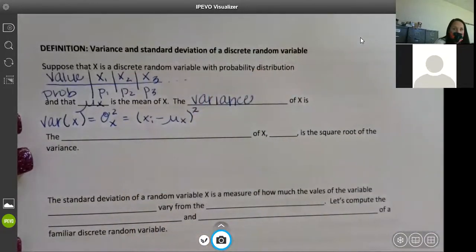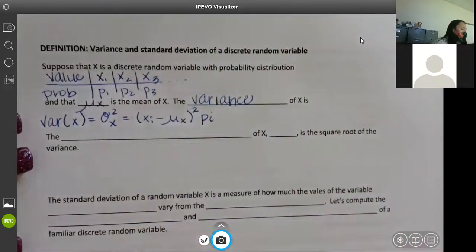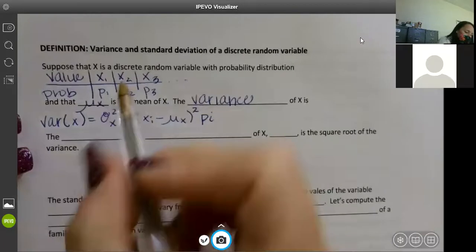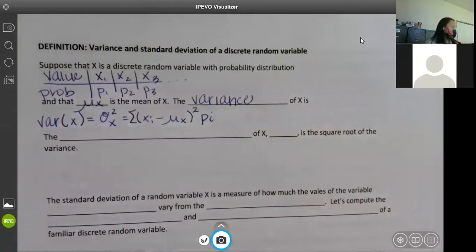That's the old formula that we had. But now we have a probability attached to it, so we have to put it down there. Now, since we have multiple outcomes, you're going to do the sum of that. So it's a summation of that stuff.